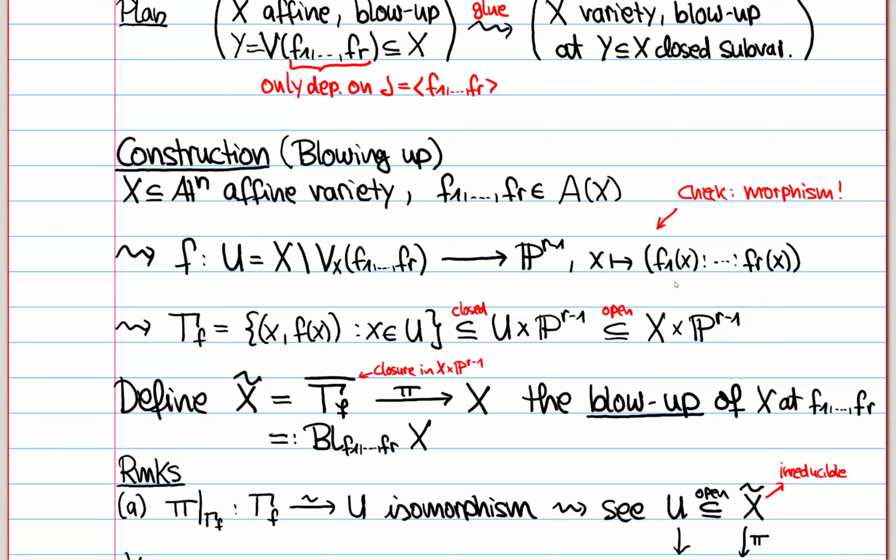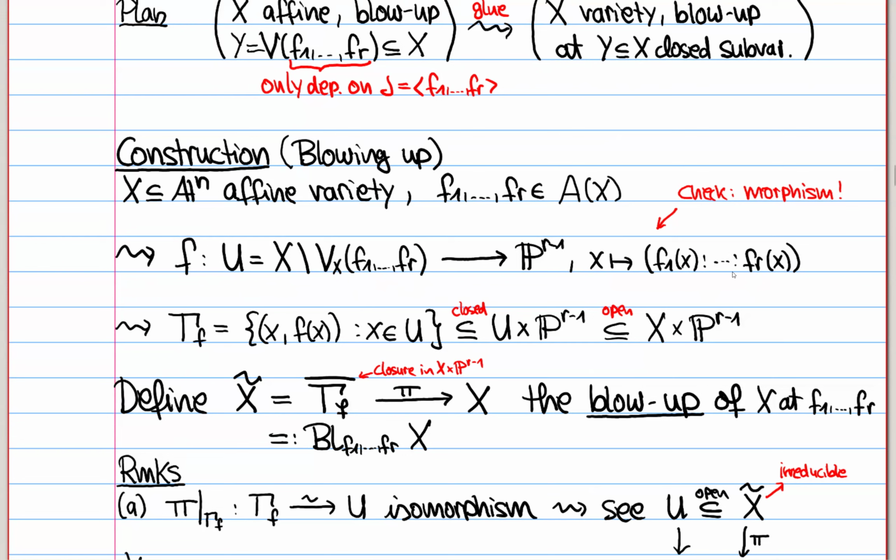And so we can check very easily that this is a well-defined map, right? Because since we're away from this locus where all of them vanish, this gives a well-defined point in this projective space. And what you should check for yourself is that this is not just a set-theoretic function, but actually, again, it's a morphism.